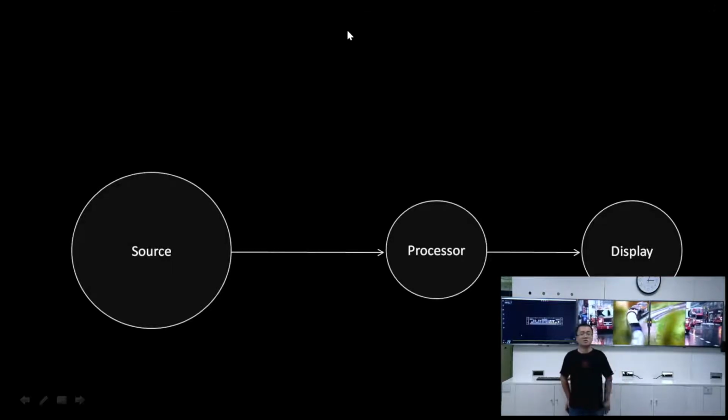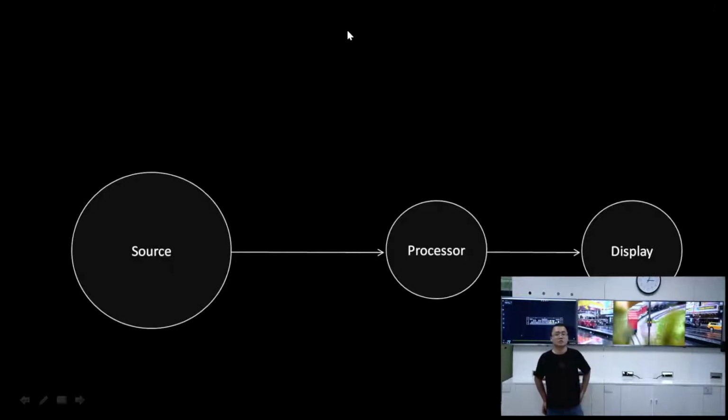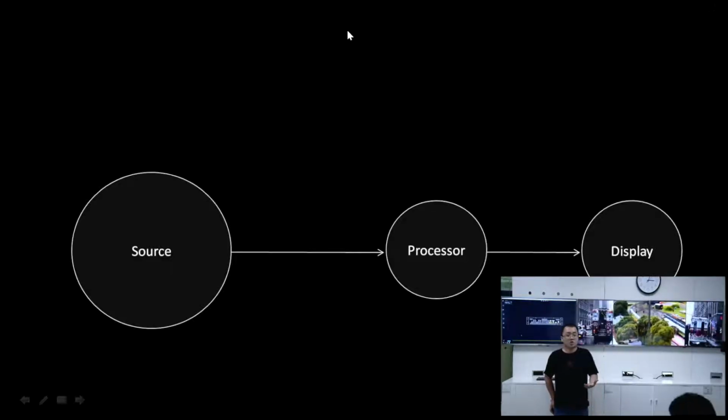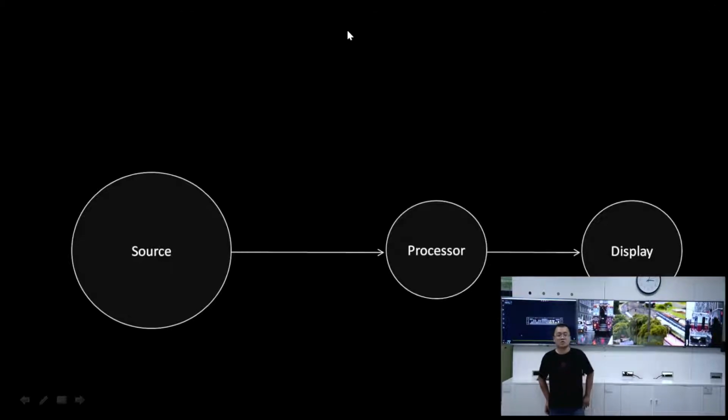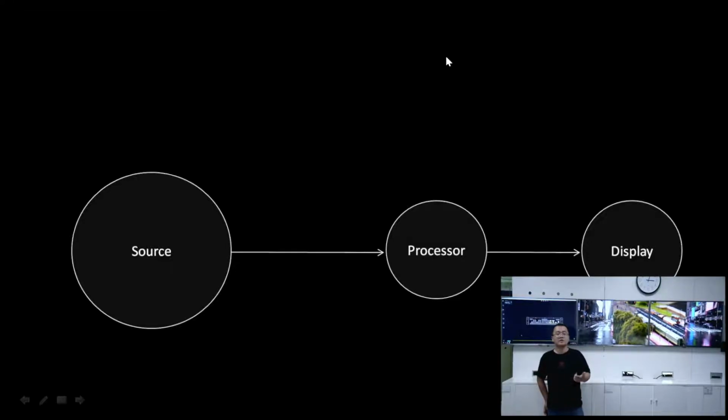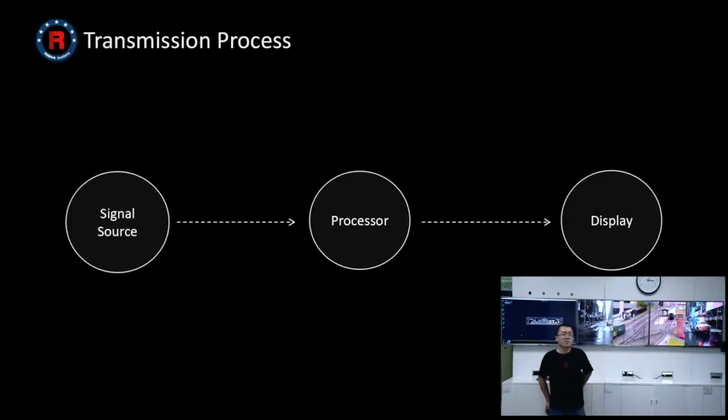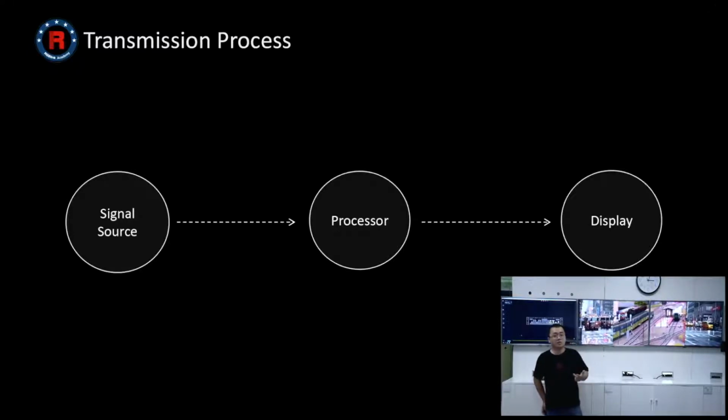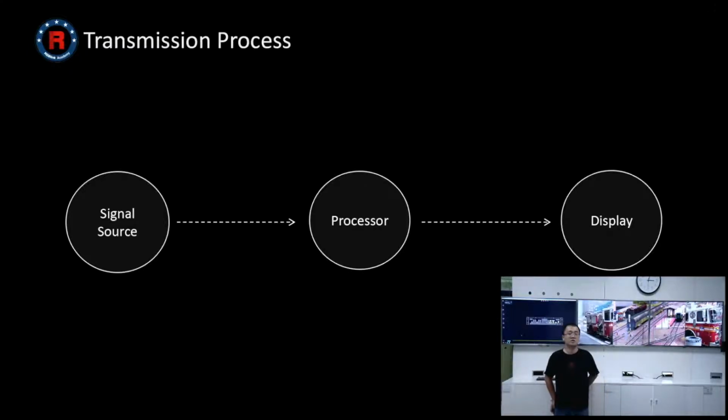In the traditional transmission process, the signal source is always from a computer, desktop, USB, or other recorders, transmitted by HDMI, DVI, SDI, or other cables to a processor, and then by LAN, fiber, or other cables like HDMI or DP to the display, to extend the distance. This is the traditional method to realize transmission.